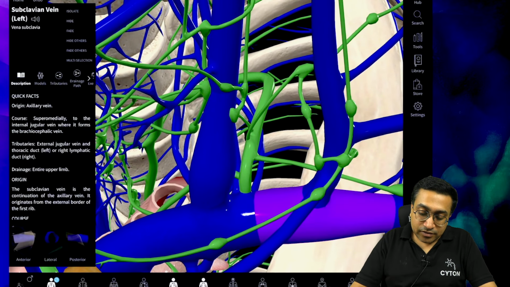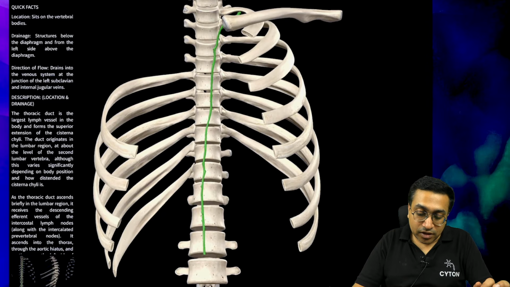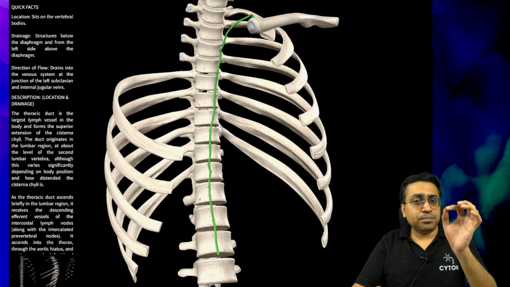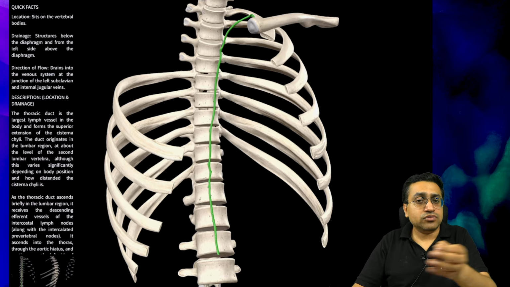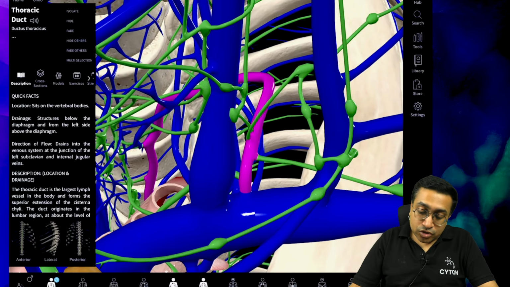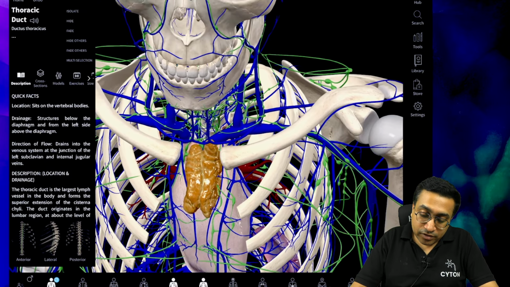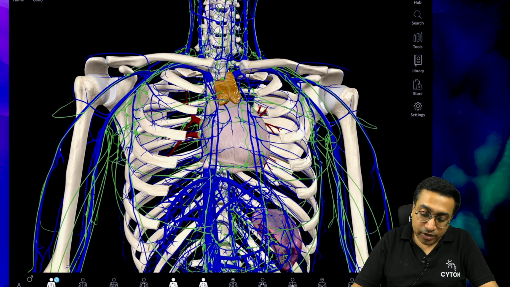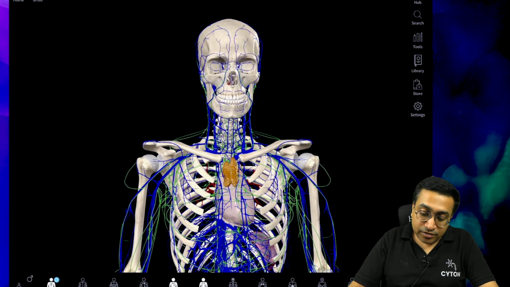Okay, we will discuss that. You can see the length of this thoracic duct, it's so big as compared to that one. This has some beaded appearance also due to the walls. We will discuss that. Okay, so this marks us very importantly understanding the venous and the arterial supply.